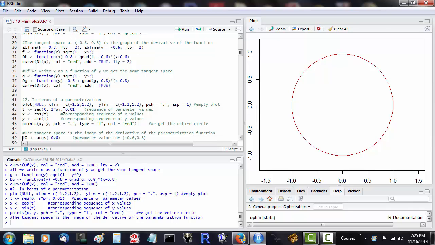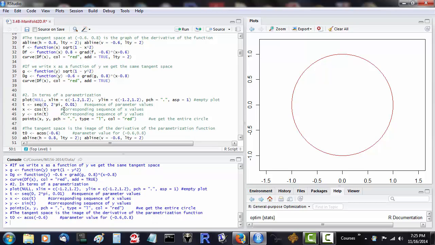How would I get the tangent space here? Well, the tangent space was the graph of the function that specified passive variables in terms of active, but here it's the image of the derivative of the parameterization function. Remember, the derivative is just represented by a matrix. A matrix has an image, the space that's spanned by its columns.